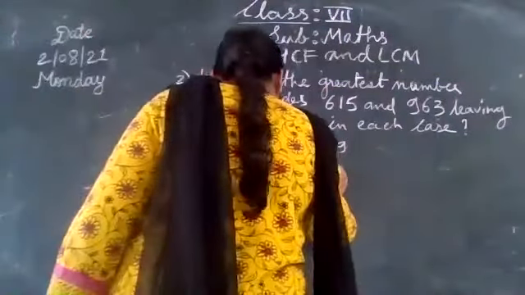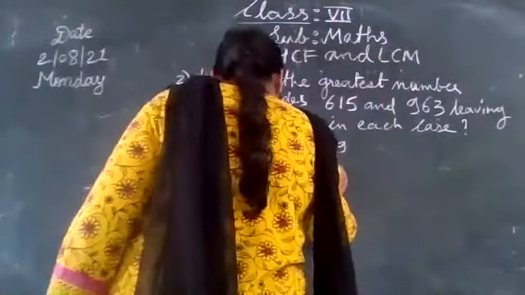HCF of 609 and 957. 609 divided into 957. 600 2s are 1200. So here we will take 600 1s are 609. Okay, subtract. So we will get 348.